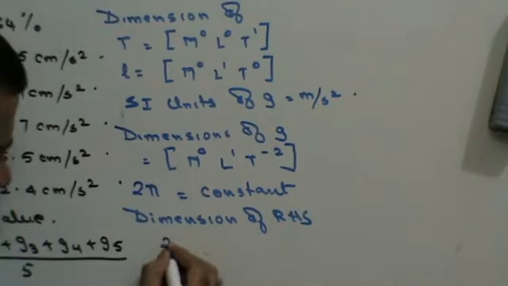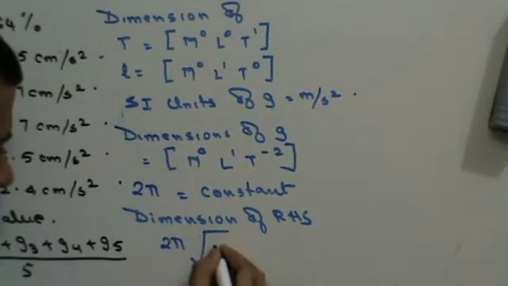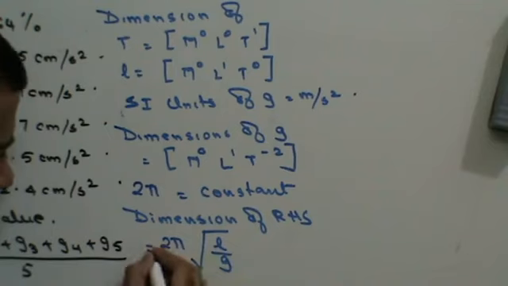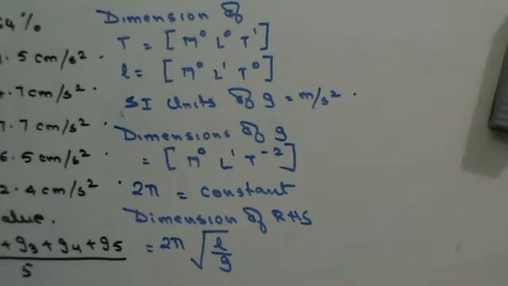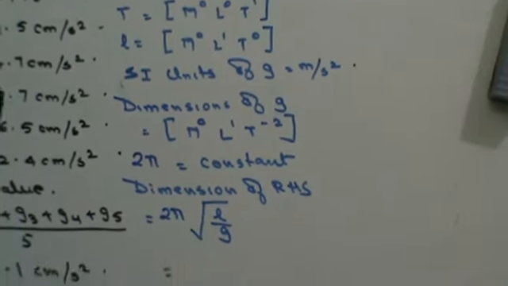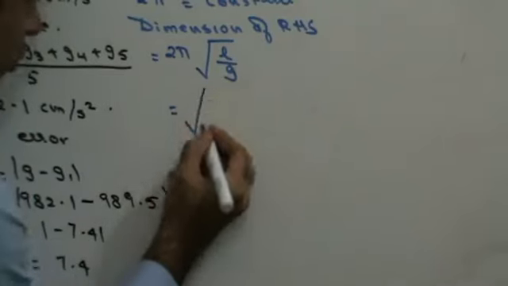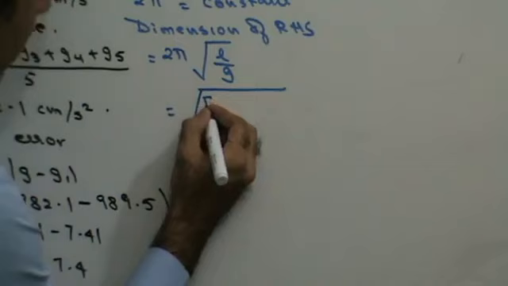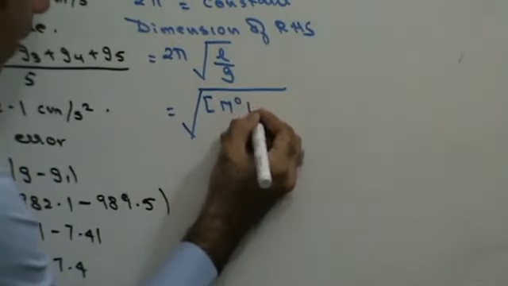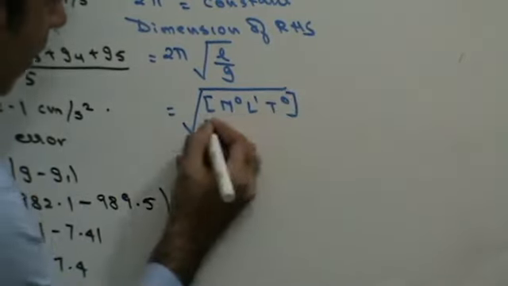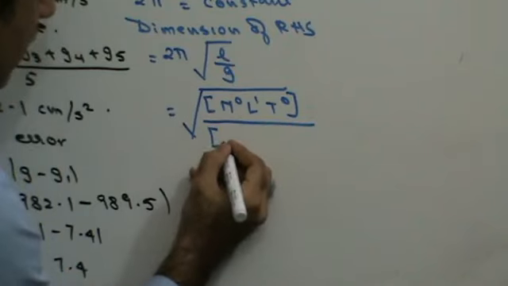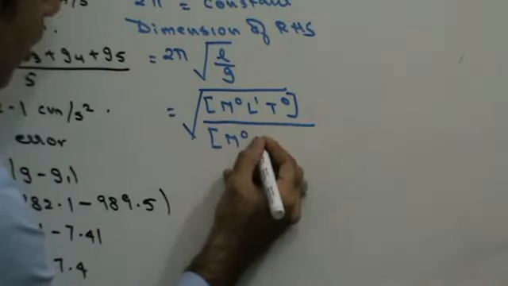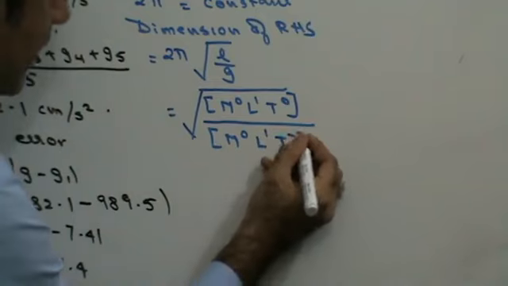On the RHS you have 2 pi root of L by G. 2 pi is a constant. This is root of L, which is M0 L1 T0, divided by G, which is M0 L1 T minus 2.